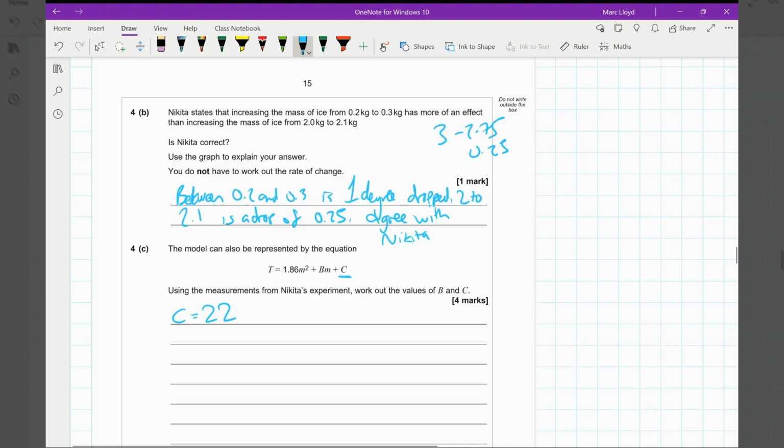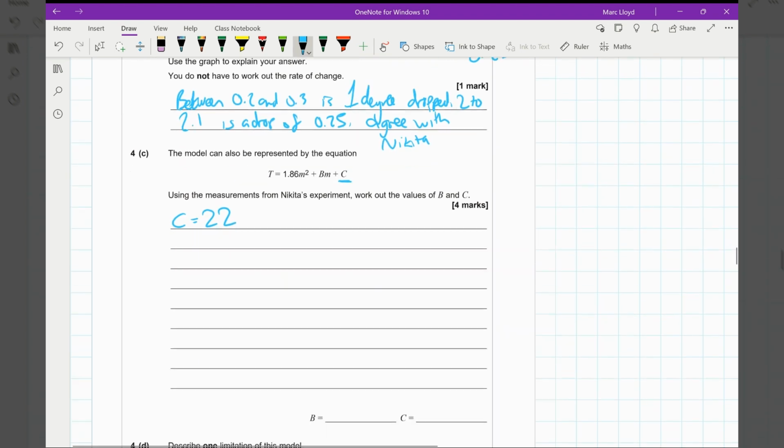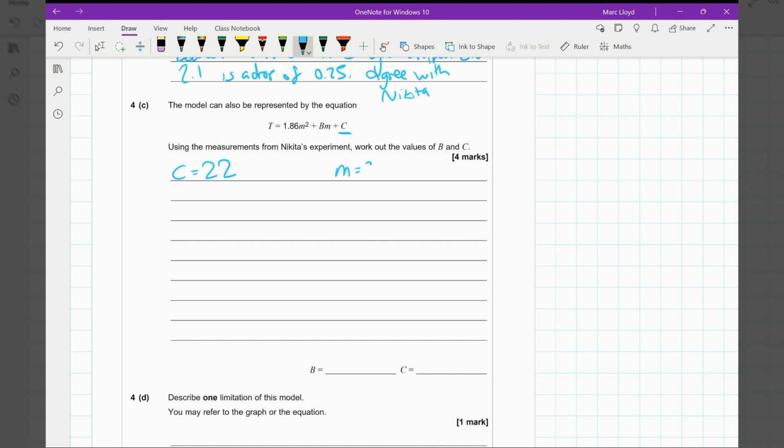Let's find a value on the graph. So when the mass is 2, the temperature is 3. So when m equals 2, t equals 3, and we'll work it out from there.